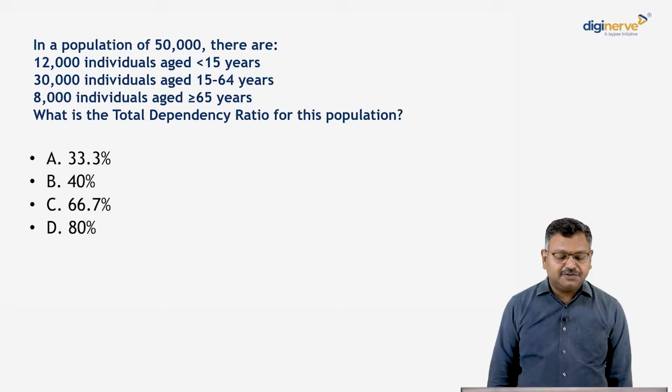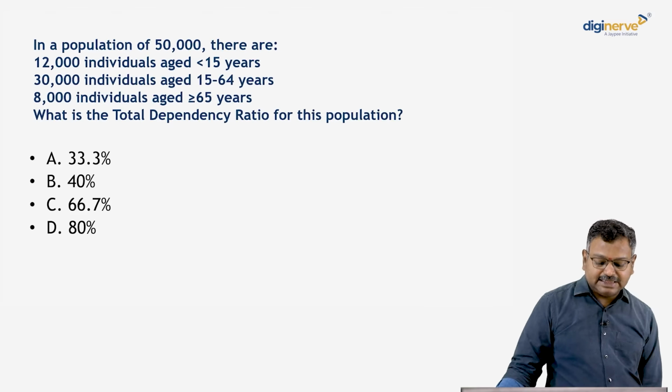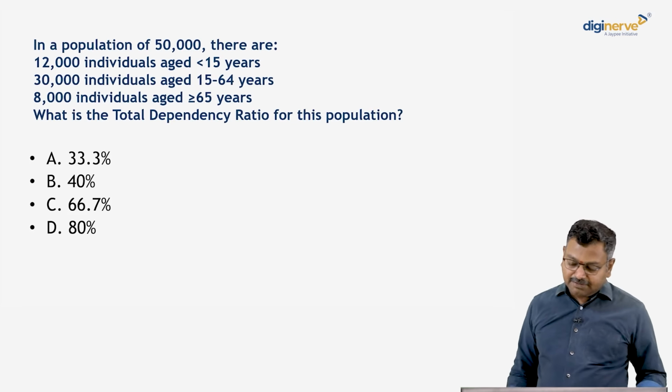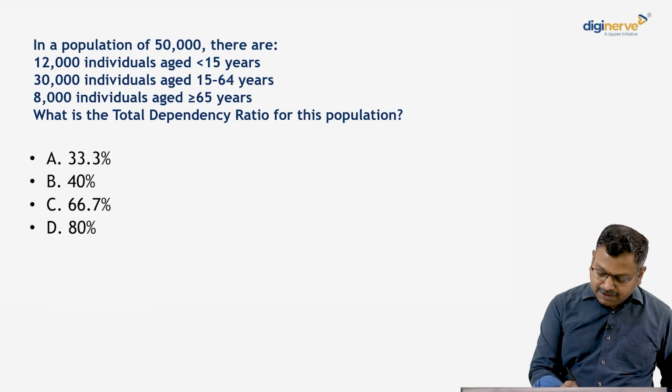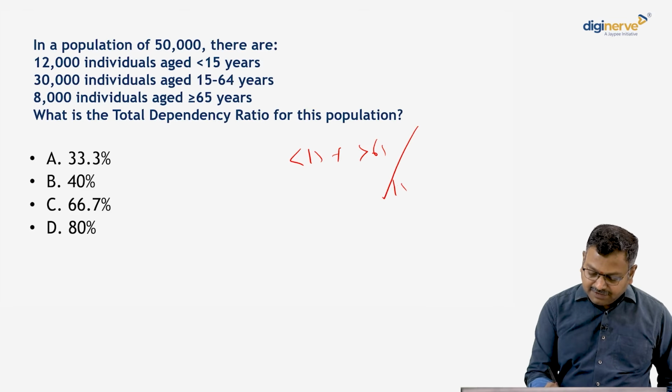A population of 50,000, there are 12,000 individuals below 15 years, 30,000 aged 15 to 65, 8,000 above 65. What is the total dependency ratio? Now, how do you calculate the dependency ratio? The population dependency ratio is less than 15 years plus more than 65 years divided by 15 to 65 years.